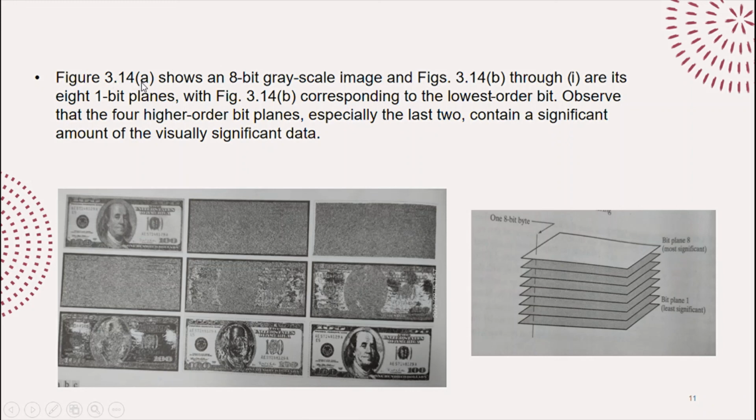Figure 3.14a shows an 8-bit grayscale image, and figure 3.14b shows its eight 1-bit planes. This is the original image, and these images below are the bit planes of the original image, from the lowest order bit to the highest order bit. We can recreate this original image by using the most significant bits. Thank you.